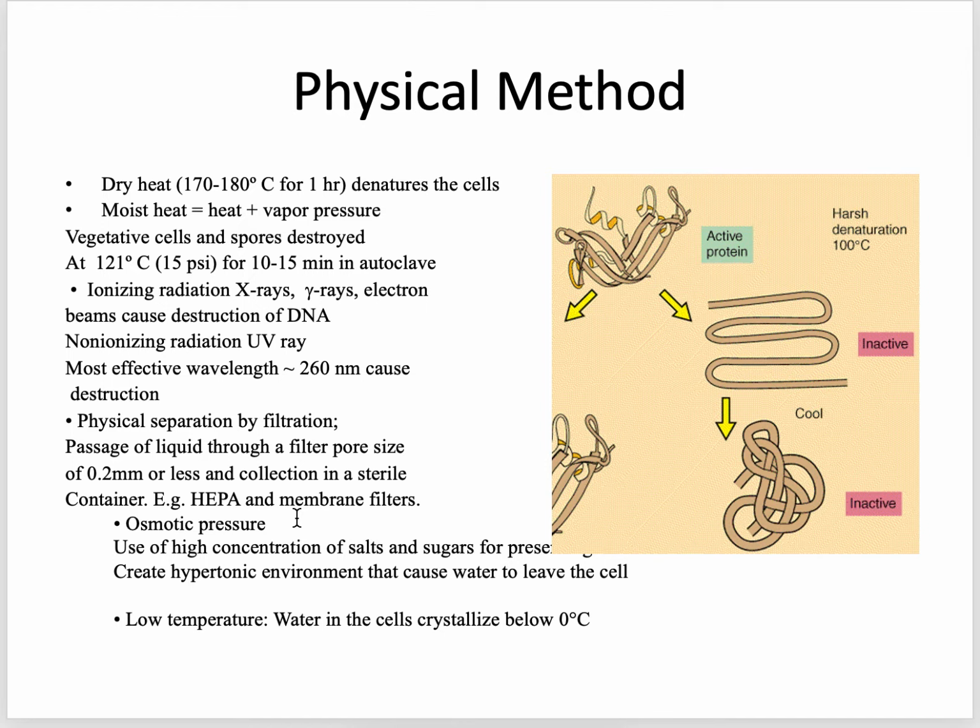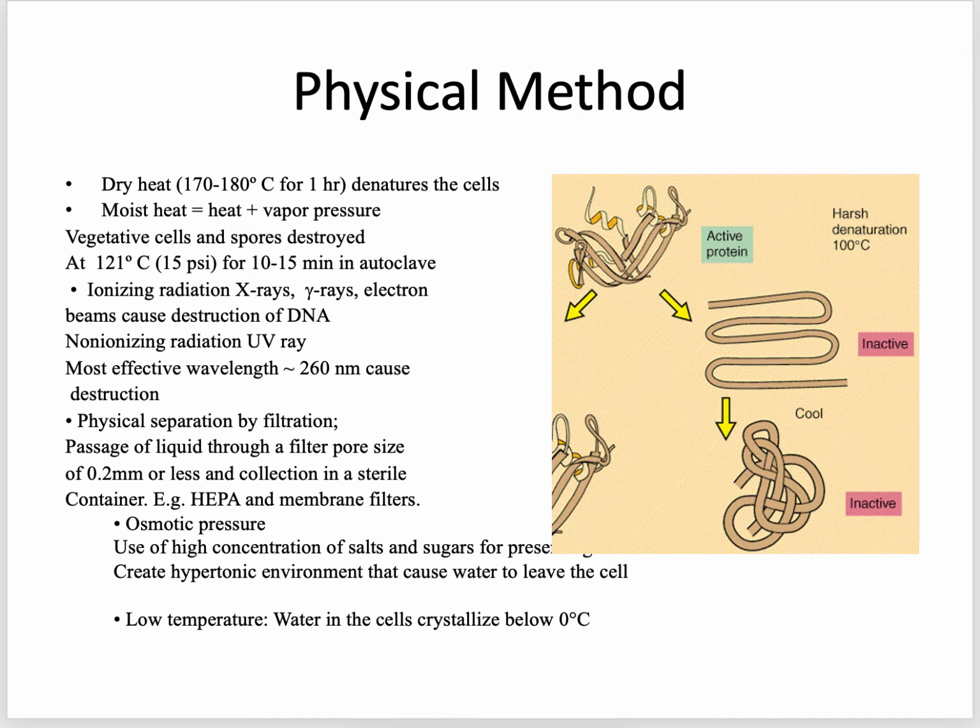If you put the cells in a solution where the concentration is different, the difference in concentration creates osmotic pressure, and this osmotic pressure can cause lysis, destruction, or death of the cell.